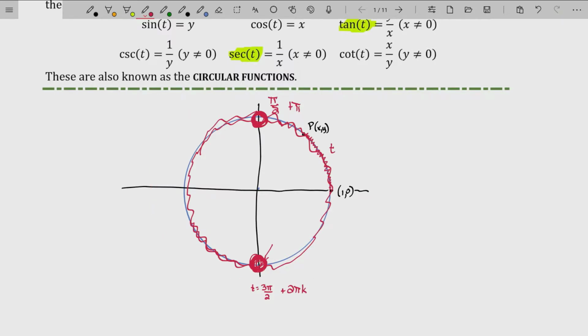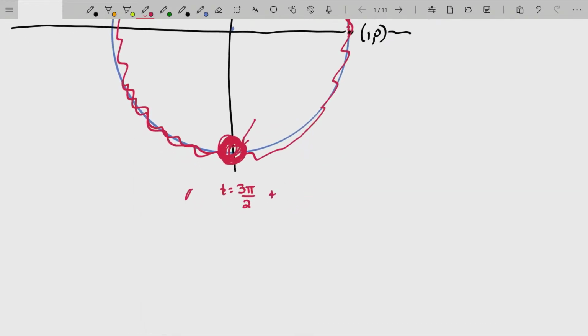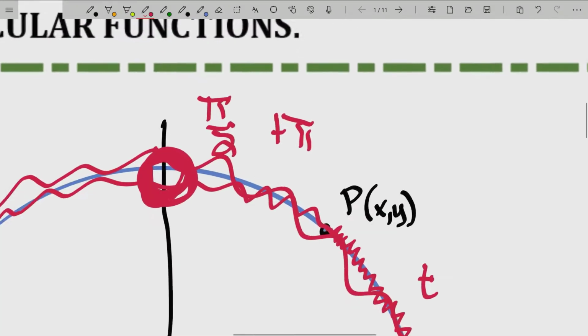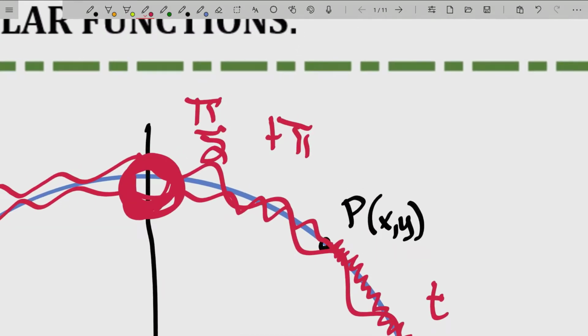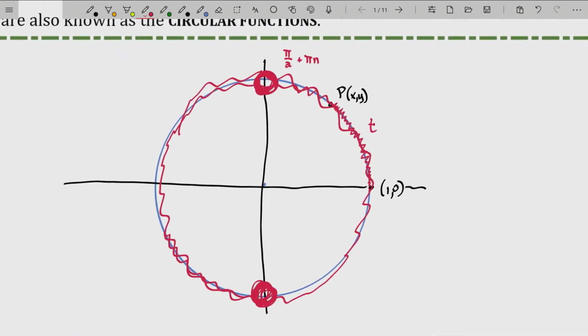So actually, I can cover all bases by easily just saying the domain is all real numbers except for pi over 2 plus pi k, or I guess since I'm using n in my theorem, I'll just use n. All right, so that will cover all those bases.